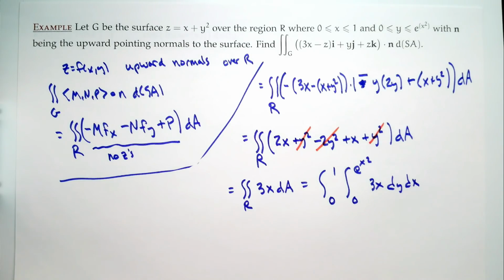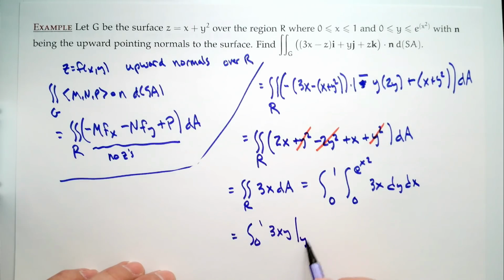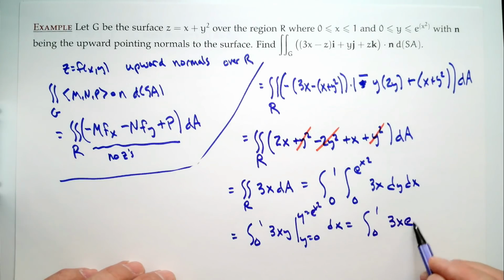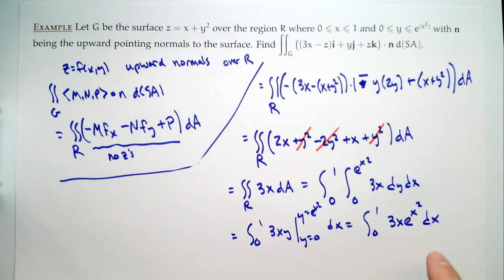So this becomes the integral from 0 to 1 of 3xy from y equals 0 to y equals e to the x squared dx, which becomes the integral from 0 to 1 of 3x e to the x squared. Well, that's good. Now why do I say that's good? Well, e to the x squared you can't integrate, but with that x out in front, it helps. In fact, what?